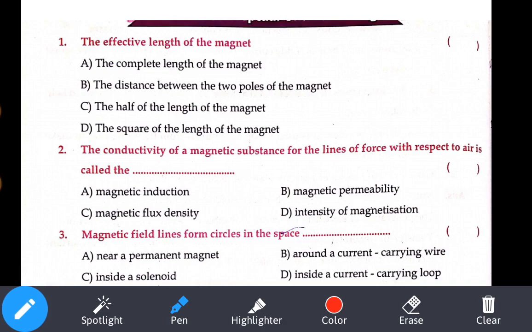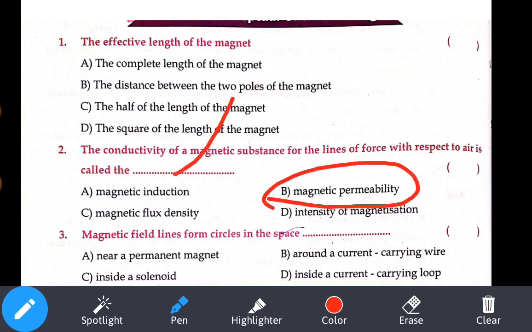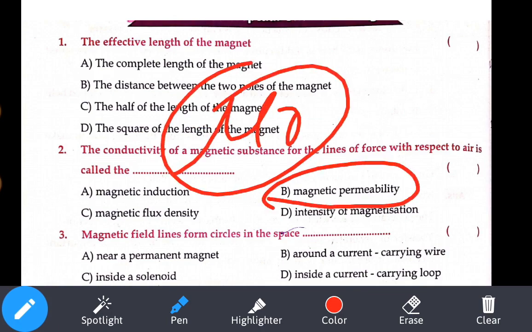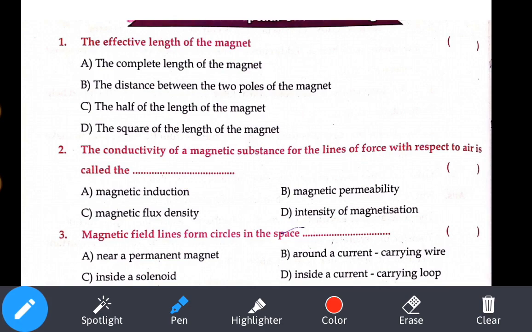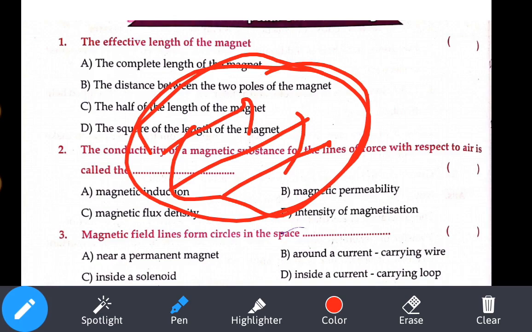Second question: the conductivity of the magnetic substances for the lines of force with respect to air is called as magnetic permeability. It is denoted with mu naught. Magnetic permeability tells how much amount of magnetic field lines can pass through a substance, a material.